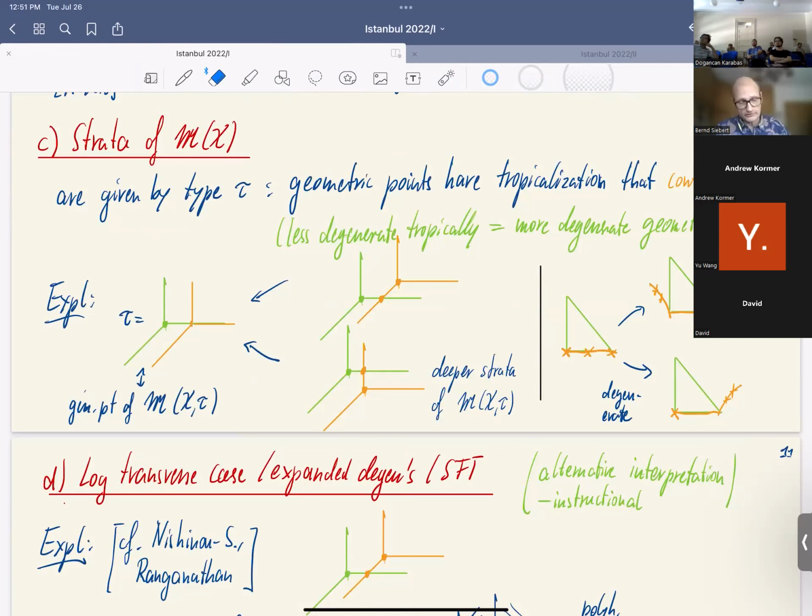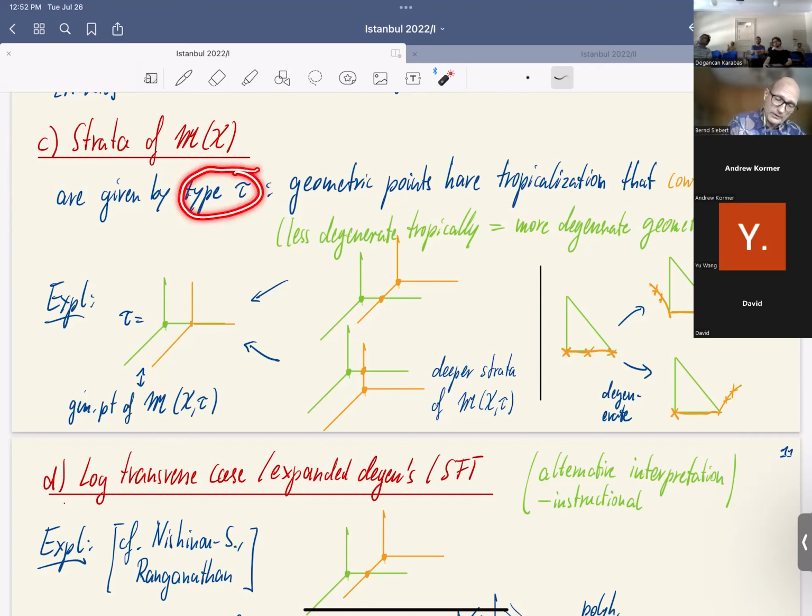This is also something we only really understood when working with punctured Gromov-Witten invariants. So the strata of curly M of X, frac M of X, frac M of curly X induce a stratification of the much more ill-behaved usual moduli space M of X that you're interested in. They're given by the type.